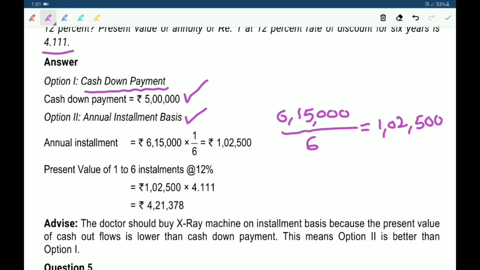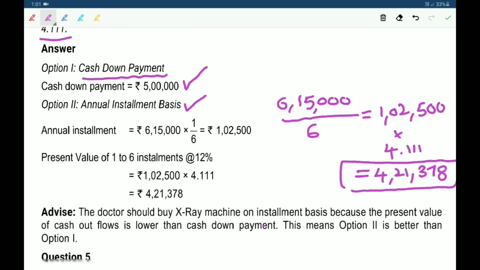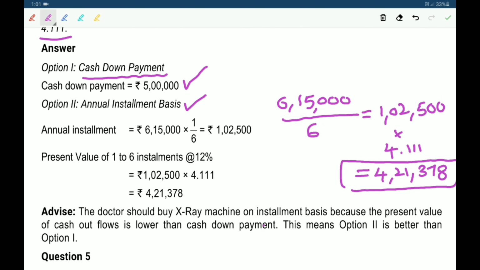Okay, annuity factor is already given for 12%, into how much? 4.111. What is the answer? 4,21,378. So this is the present value amount. Now which is beneficial?